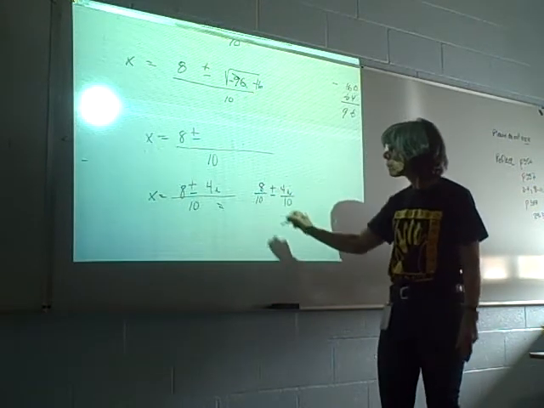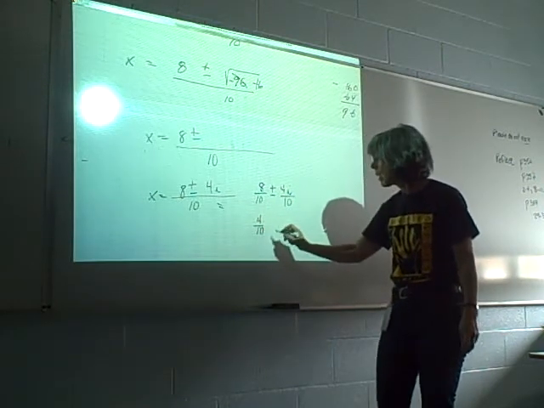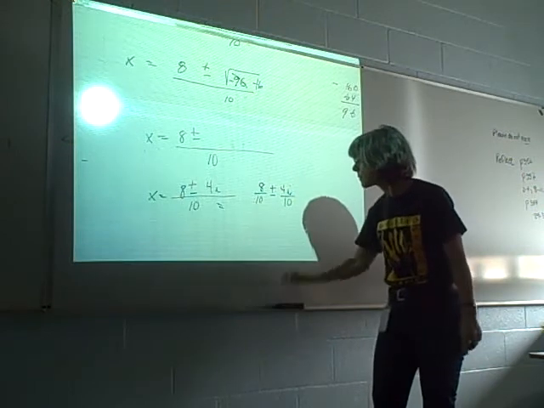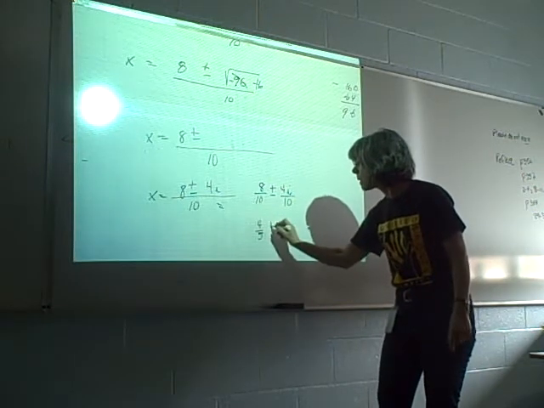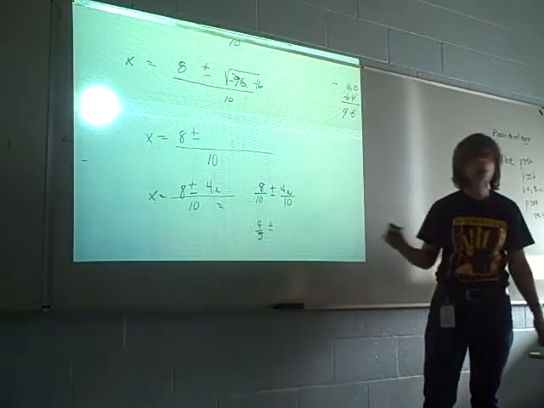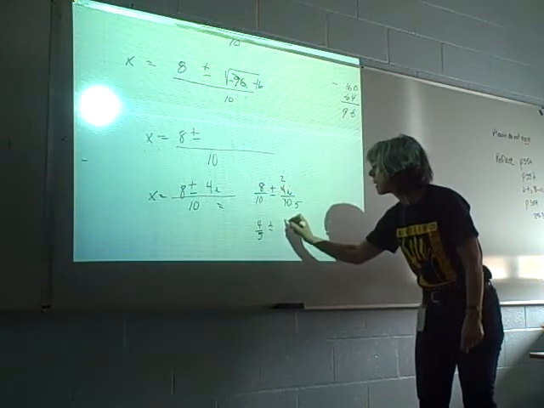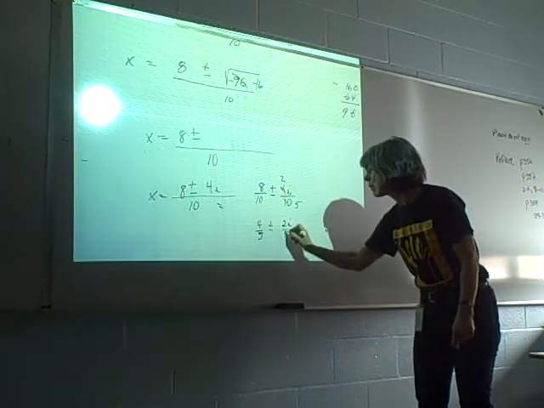And so can I simplify 8 over 10 is going to be 4 tenths? 4 fifths, sorry. 4 fifths. Plus or minus. Can I simplify that 4 and that 10? 2 fifths. So I'll have plus or minus 2i over 5.